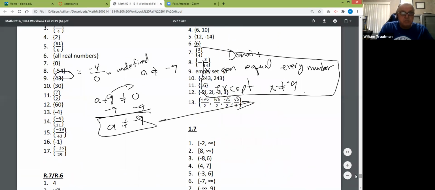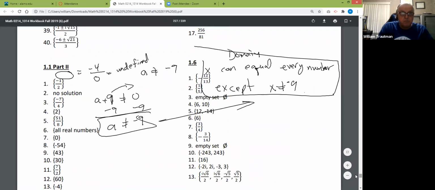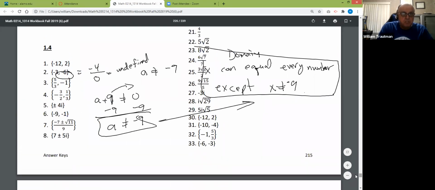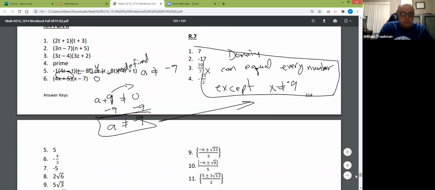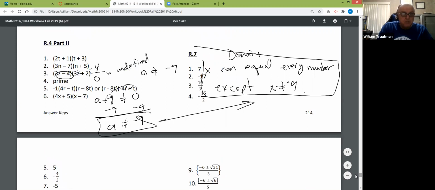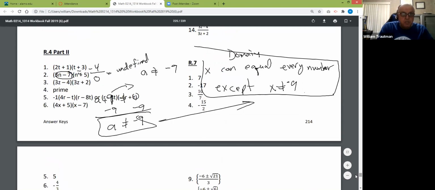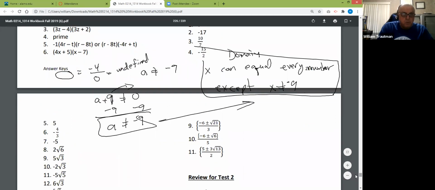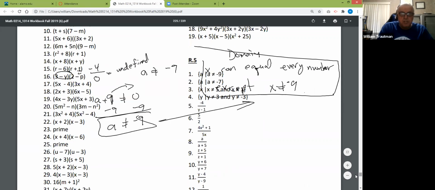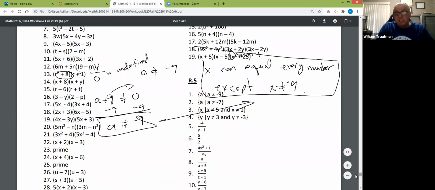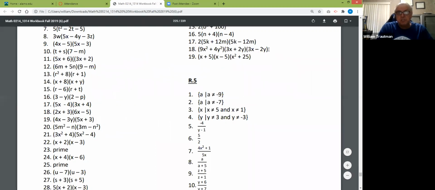Oh, there it is. Yeah, it just says x cannot equal -9. That's fine. I just wanted to see how they wanted us to write it.